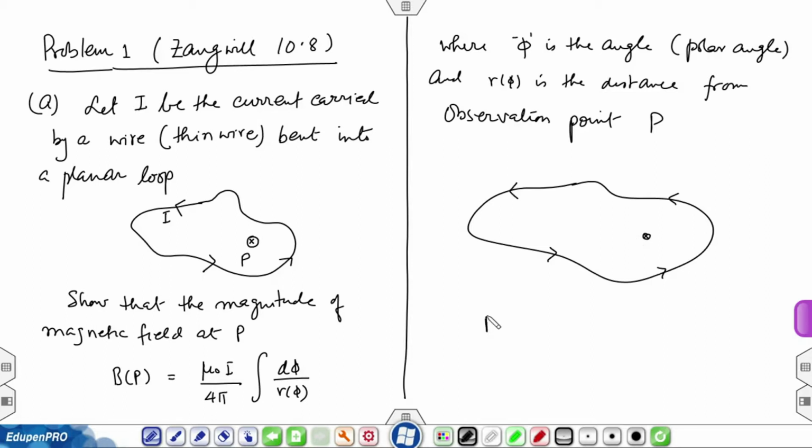So, B at P is given as mu naught I over 4 pi integration from 0 to 2 pi, I had forgotten to write it earlier, d phi over r phi, where these are given as, suppose I take this dashed red line as the x axis. Here is the distance r phi and here is the angle phi. So, in a way I have taken P as the origin. So, let us solve this problem.